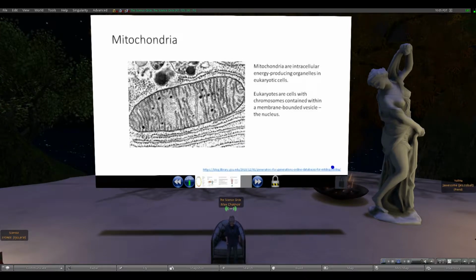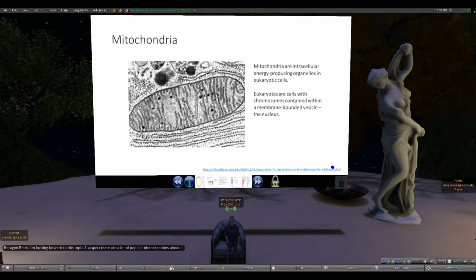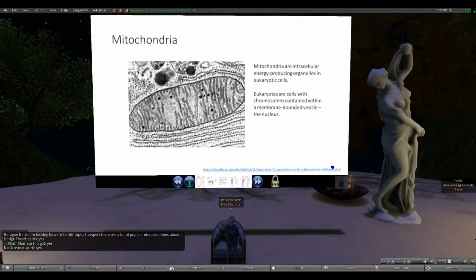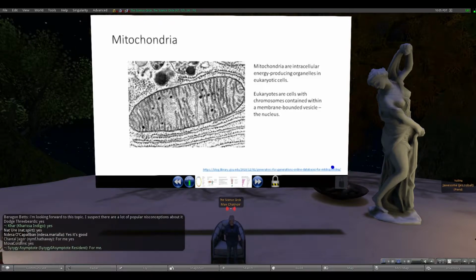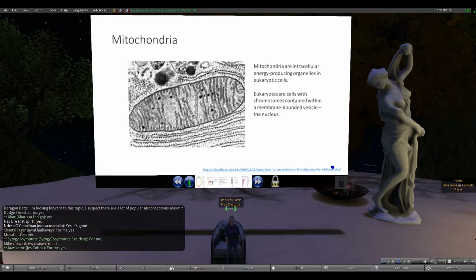So I think we'll start with what mitochondria are. Is that res for everybody? Cool. Well, mitochondria are the major energy-producing organelle in eukaryotic cells.